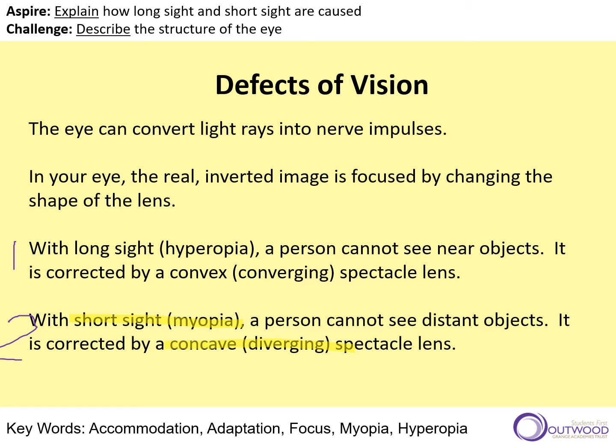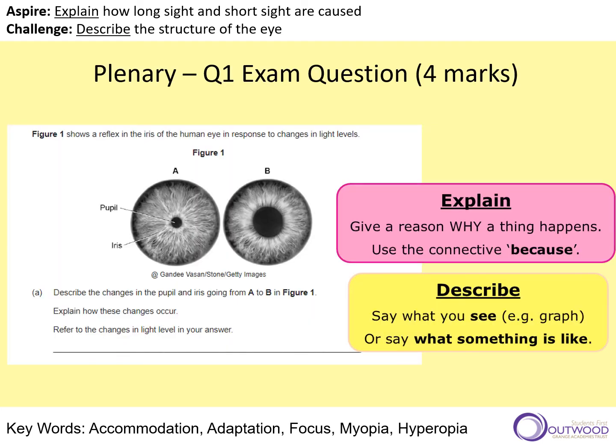Okay, so those are your 2 points, and that's how you fix defects of eyesight, long-sightedness and short-sightedness. So that's a real whistle-stop tour of the eye.